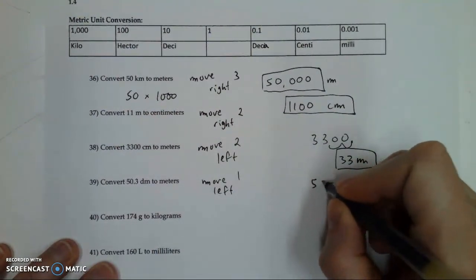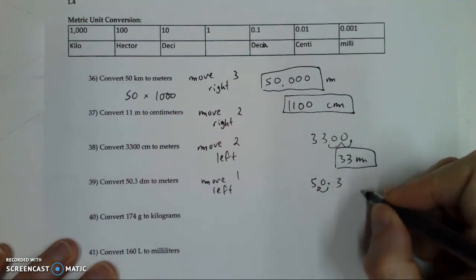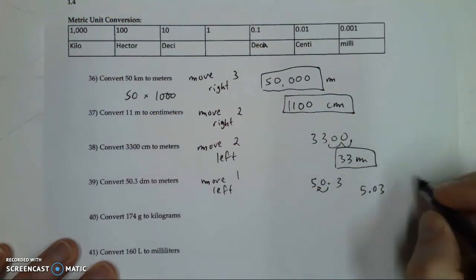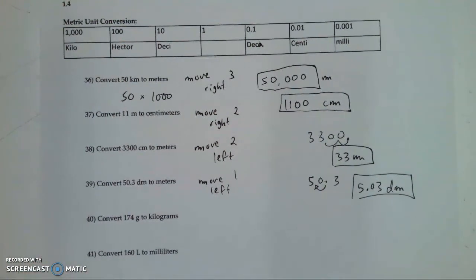So I've got 50.3, and I'm moving that 1. So I will get 5.03 decimeters. So we can move either to the left or to the right. And again, whatever direction I'm moving in my chart, I'm moving that decimal point in the exact same direction.